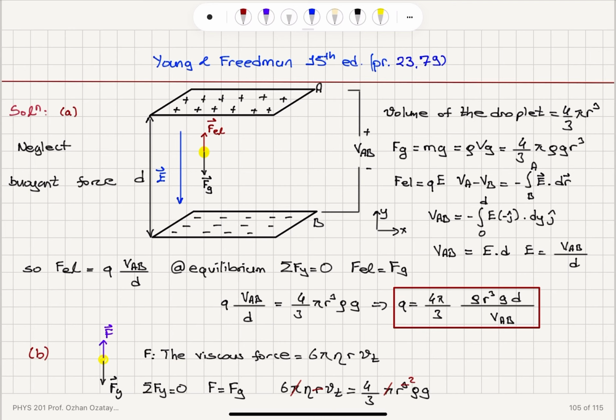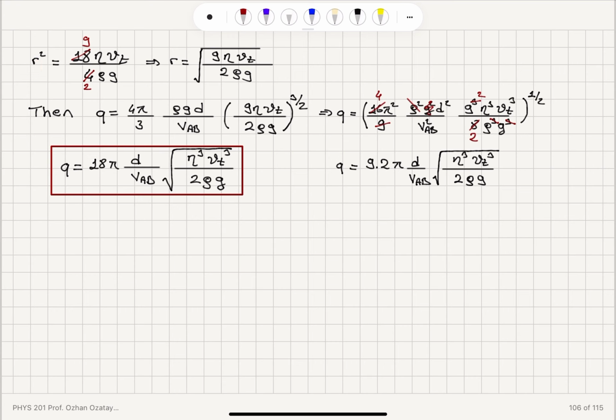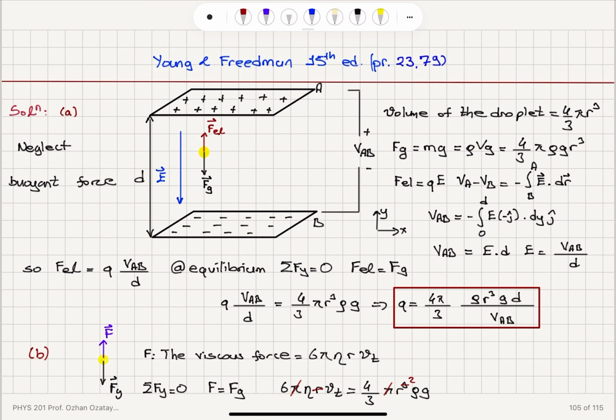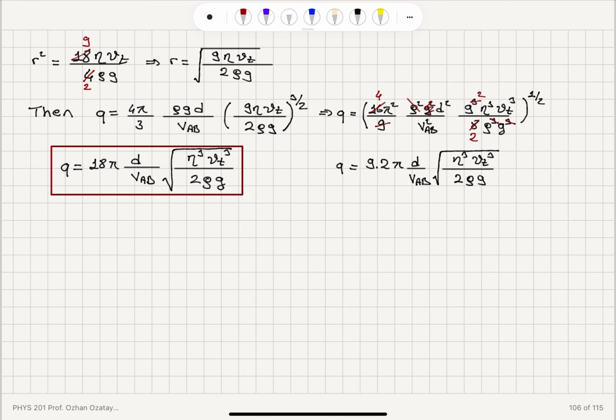So this viscous force balances the gravitational force, which gives us an answer for the radius in terms of viscosity, terminal speed, rho, and g. If we substitute that into our expression in part A, we obtain the charge given in terms of eta, v terminal, rho, g, the separation between the plates, and the potential difference.